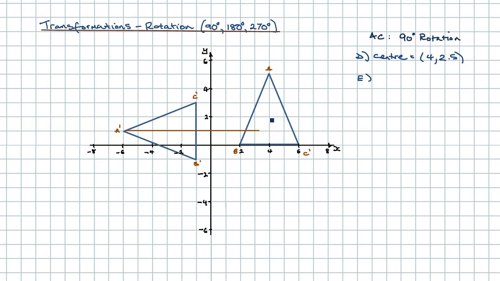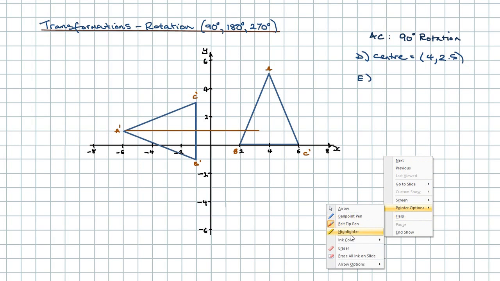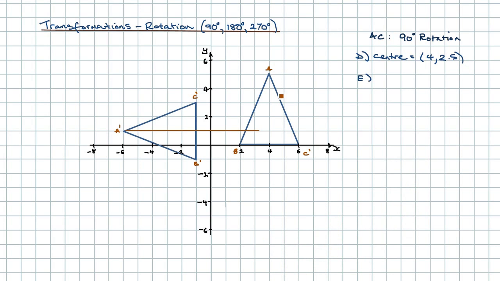Let's notate that AC, so an anti-clockwise 90 degrees rotation. If we draw now horizontally here, then from A I need to draw a line vertically, so let's draw a line down then from A, and that begins our attempt to find the centre of rotation.